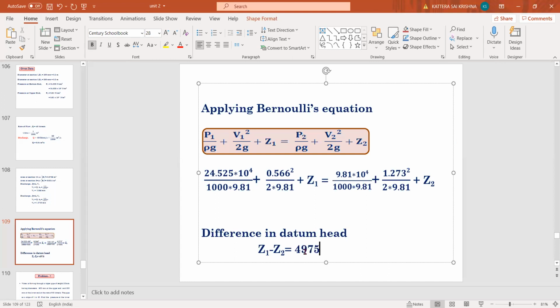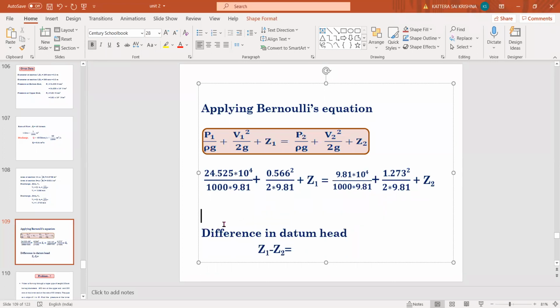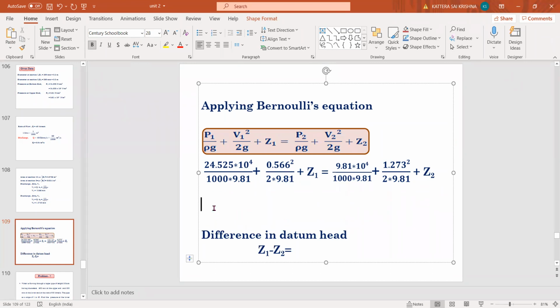Why this much big value? Check it properly. A very small value we will get. Head loss will be very less. So not 14.9. Somebody is saying 14.936. Around 15, below 15 to 20 you will get.